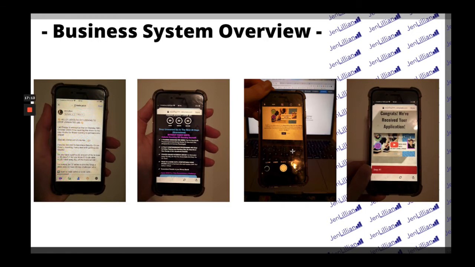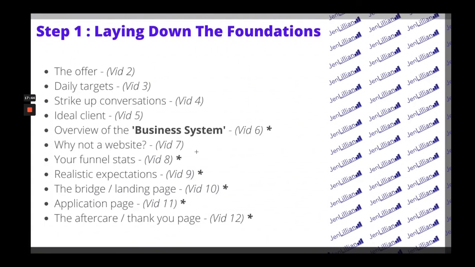We'll then go through a series of questions in the application page in Typeform, which is integrated and embedded in ClickFunnels, and then they go back to a thank you page where we congratulate them, and you then have an exciting time looking forward to them closing the sale on the phone. So that is the business system overview. And if you want more information, just refer to video 6 in the video series, the free one.